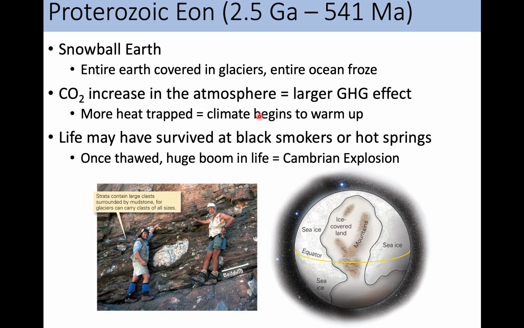So there's still plenty of life in the ocean, small life, nothing too big, but this is the first time that we have shells and also land plants. So life is creeping out of the oceans and onto the land. We don't quite have animals or mammals or vertebrates on land, but we do have plants.